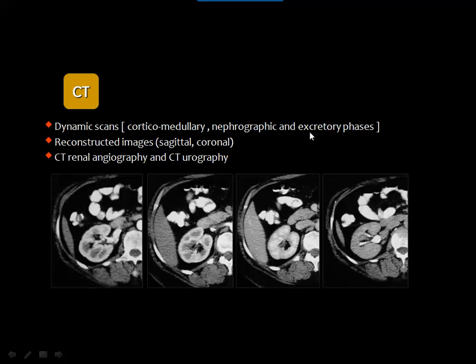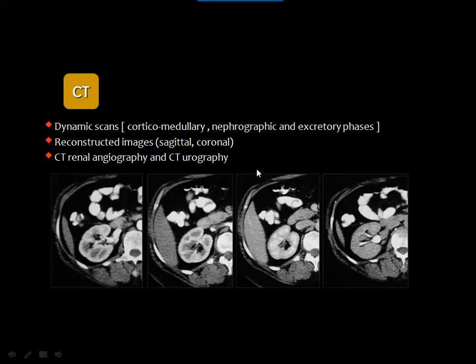Then the third phase is the excretory phase, where you can see the pelvic-calyceal system. But actually this triphasic study was not accepted as much as the triphasic study for the liver, for example. It may help sometimes, but it can lead to some mistakes at other times.